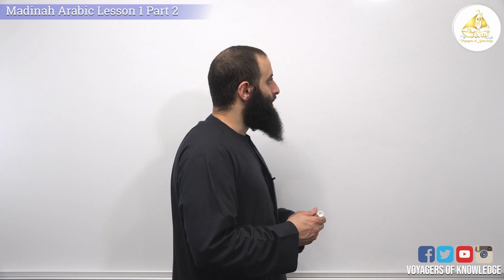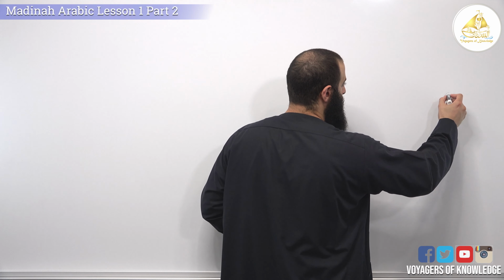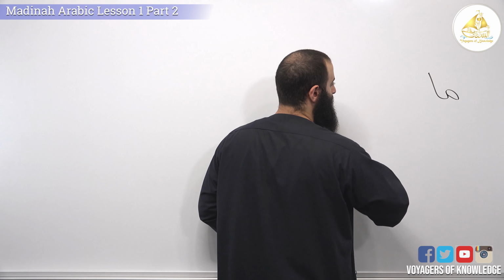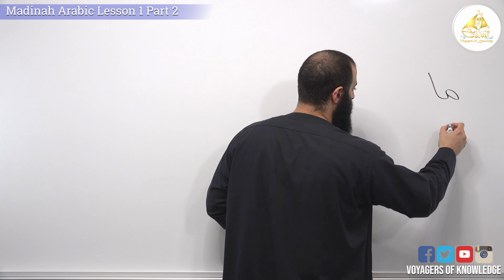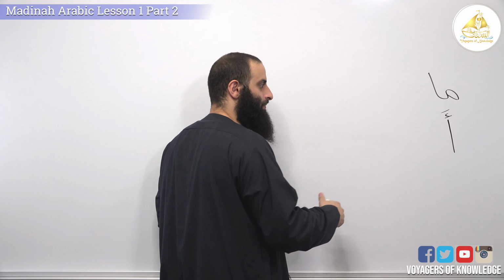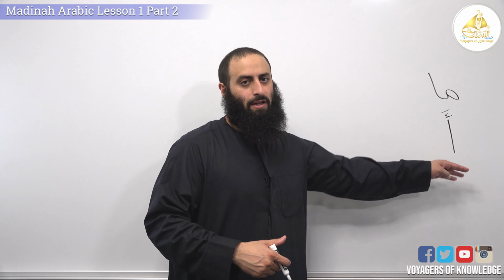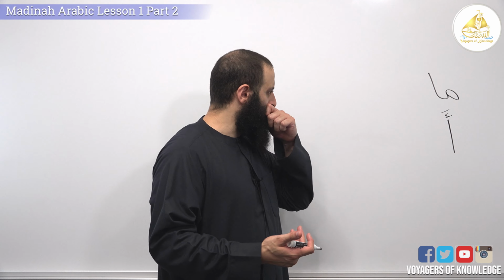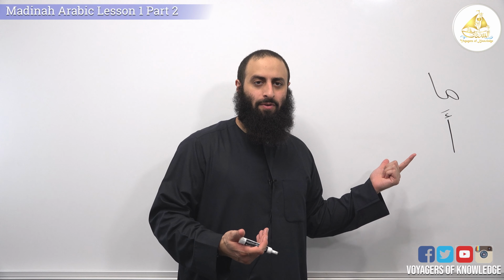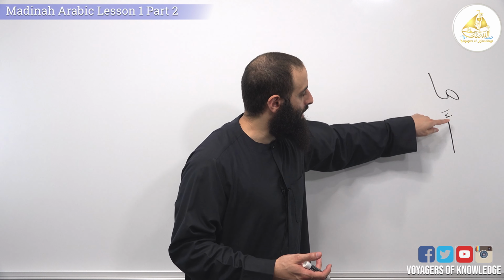What we're going to introduce today: we've taken how to ask a question by saying ma, what is? And another way to ask is by adding Hamzatul Istifham. You add this Hamza. Now I know when we were learning, we learned that this was called an alif, right? Actually the alif is just the one without the Hamza on the top.